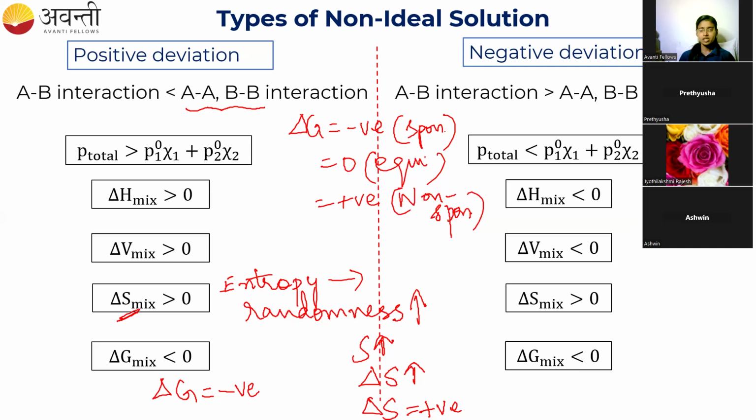Do any of you have any doubt from this slide? From the difference between positive and negative deviation, students? Is everything okay till now? Shall we proceed with the next slide?